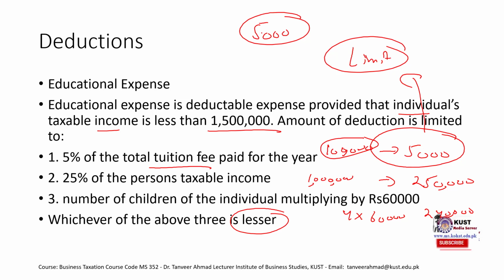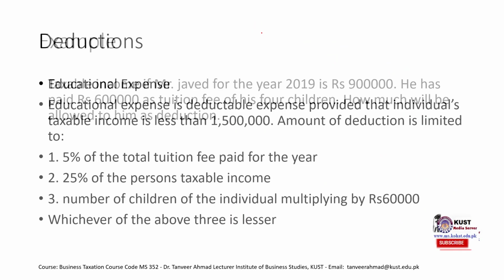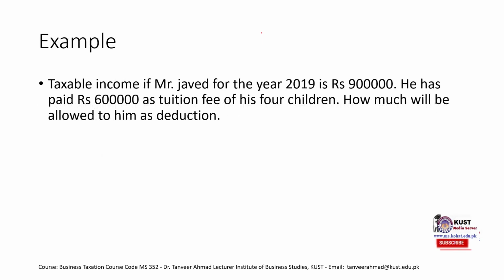Okay, so let's have an example starting with the educational deduction. The taxable income of Mr. Javed for the year 2019 is 9 lakh rupees. So this is the gross income.